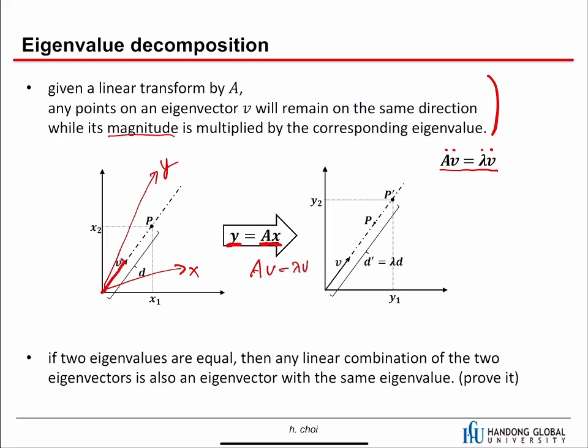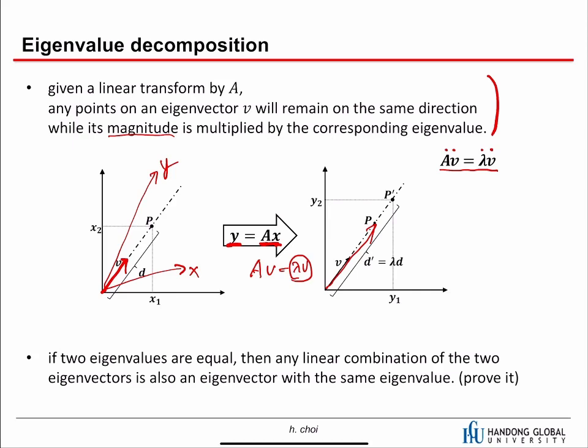We have vector V, and after applying matrix A, the result is lambda V. We just change the scale, not the direction. This is quite important, and we will see how we can use this property in the next slide.